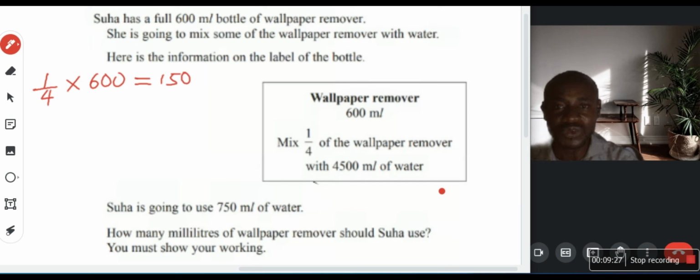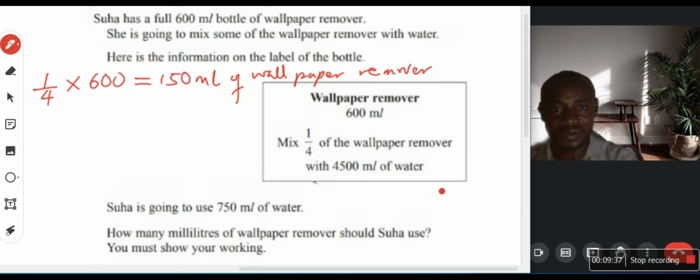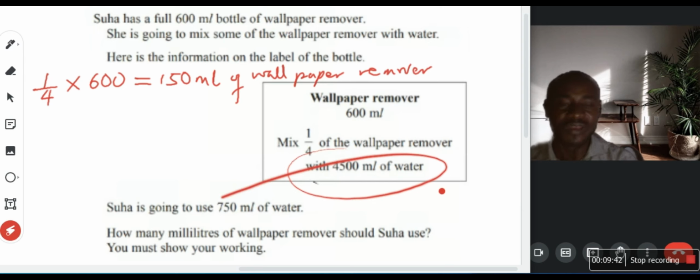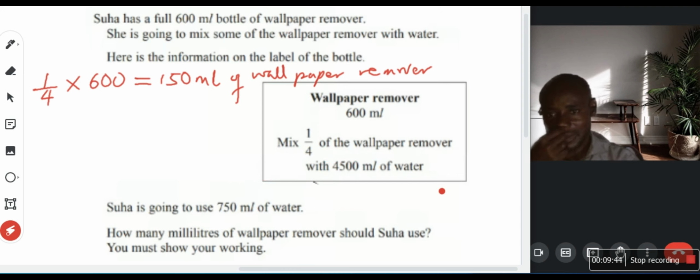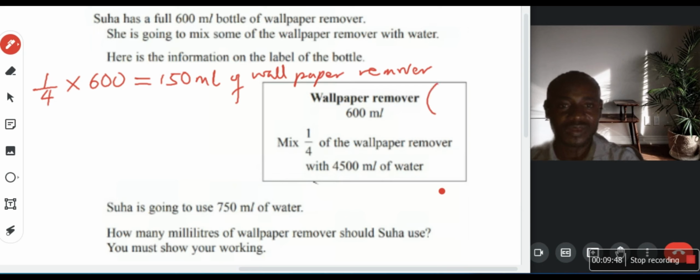So she's going to use 150 milliliter of wallpaper remover with 4,500 milliliter of water. Let's call the wallpaper remover WR, and I will call the water W.